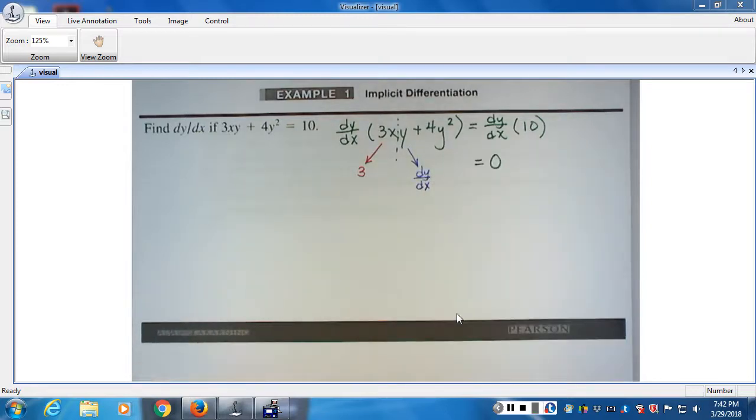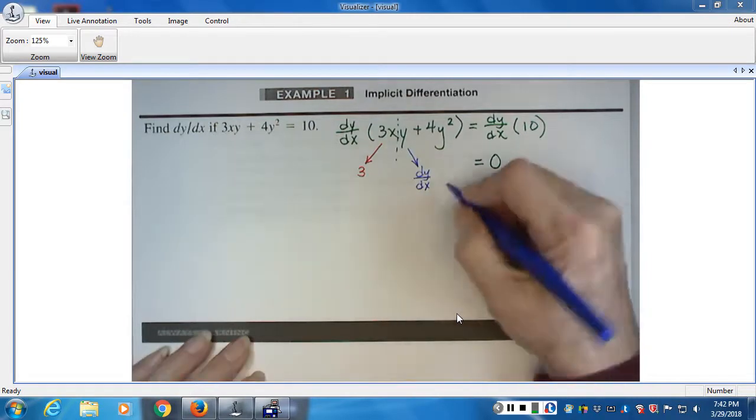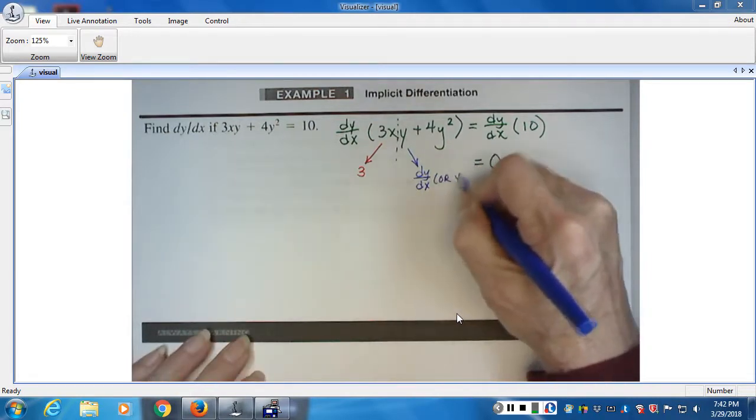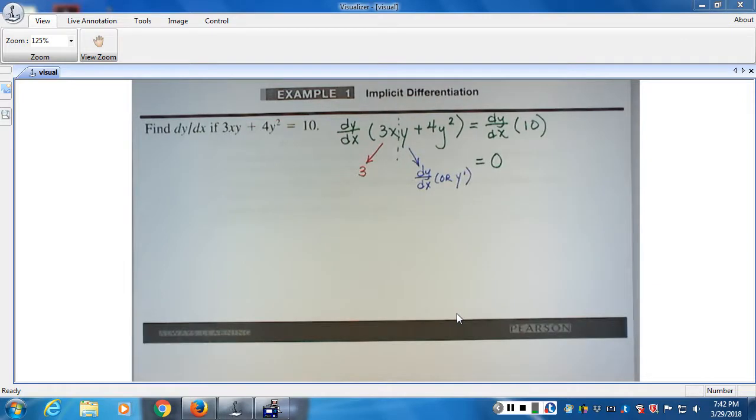Or you can use the notation y prime. Okay? It won't change anything. And you'll actually see me switch back and forth and do it both ways because it works both ways. So my first step for this derivative is to do that product rule.